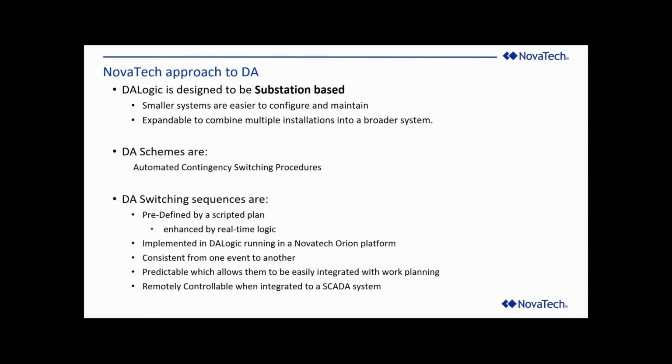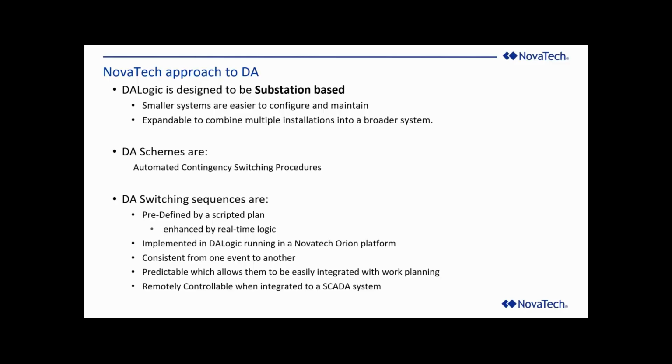You can use it in a wider area with one Orion being a DA controller that controls a wider area, but the ideal installation would be to run the DA logic for all of the devices being served out of one substation, concentrated inside that Orion.